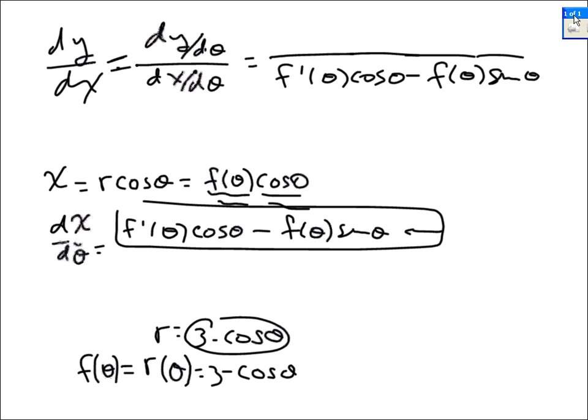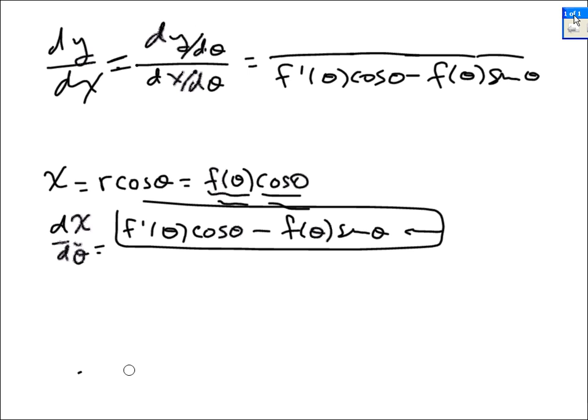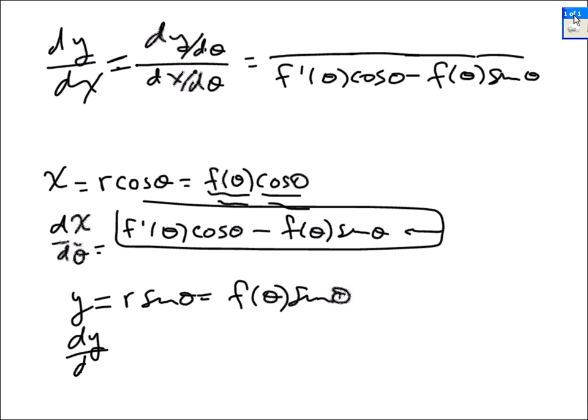Now we need to find dy/d theta, which is the top. We do it exactly the same way. y is r sine theta, but r is a function of theta. And if you have y as a function of theta, then you can find dy/d theta.